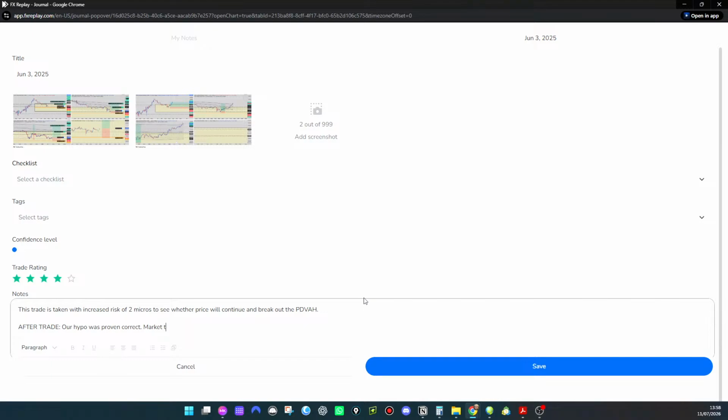Market took quite a while to accumulate volume and get out of the previous DVA high, but right after 10:30 a.m. we hit TP1.